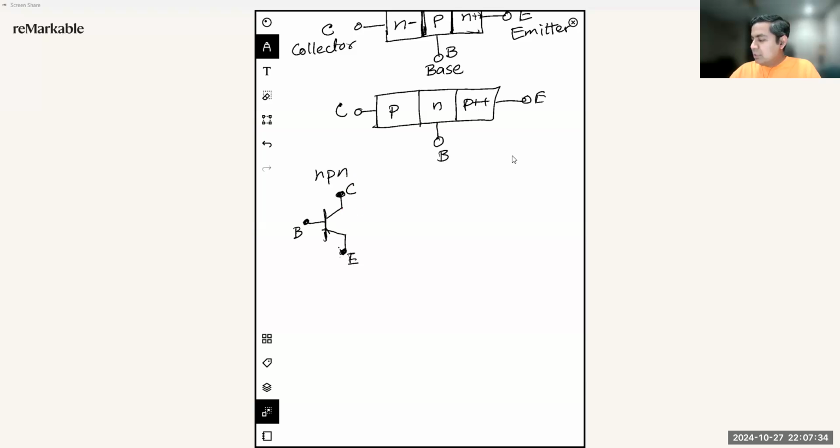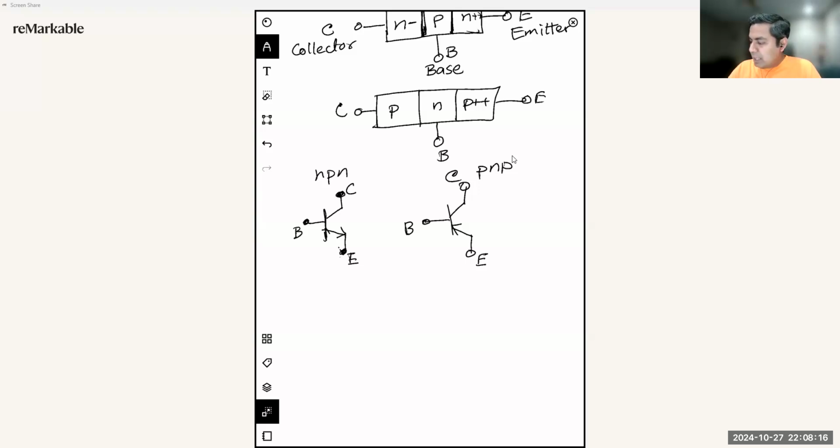To distinguish the collector and the emitter, we usually have an arrow. If the arrow is coming out, then it's the NPN emitter. And if the arrow is going in like this, then that is a PNP transistor. Just like how we saw with MOSFETs, PMOS and NMOS had the arrow direction in the opposite direction. Just like that, this is the direction for NPN and PNP transistors.